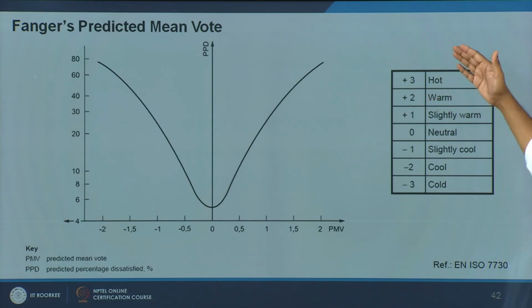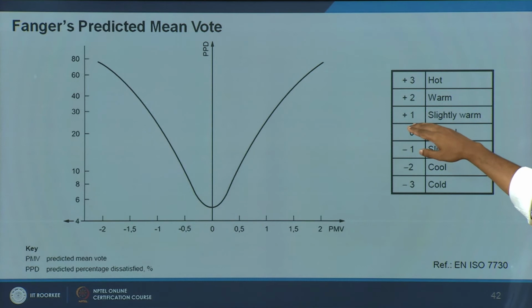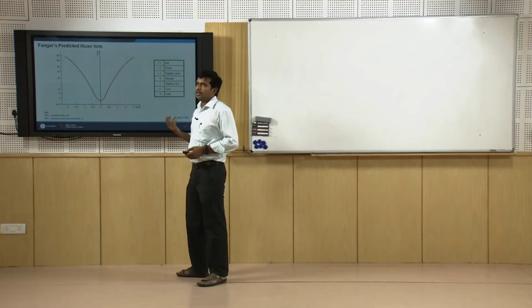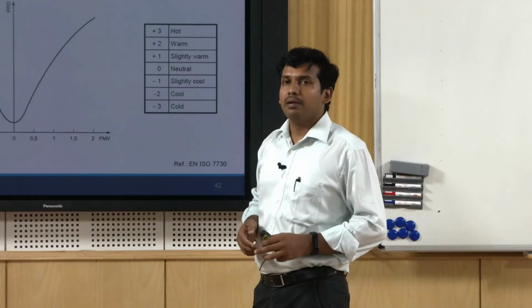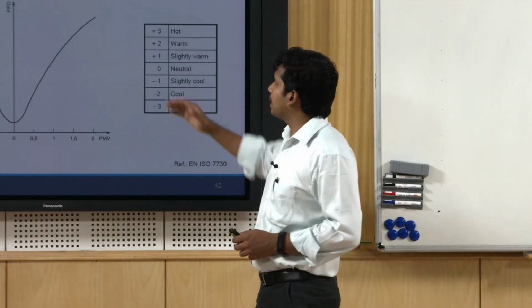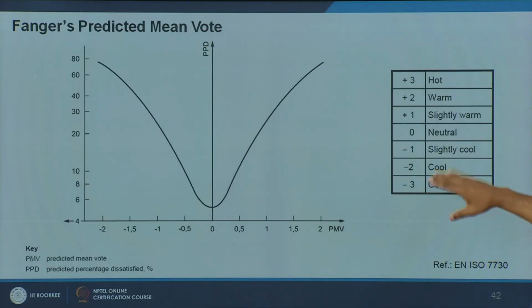On the right hand side, +1 is slightly warm, then warm and hot. On the other side, it goes to -1, -2 and -3, which is cold. In extreme conditions, say if you are evaluating PMV in India, it may go to -3.5 or -4, because we are dealing with hotter conditions. But typically the actual scale given is +3 to -3.